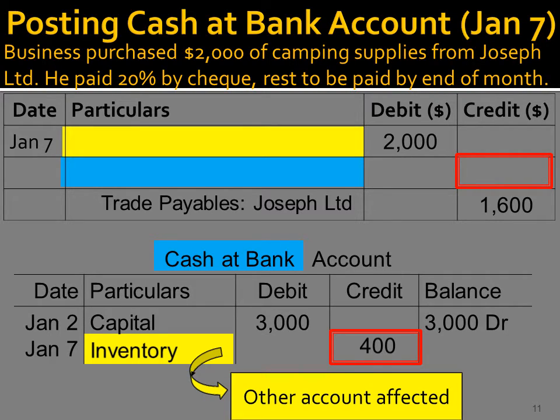Step 4 is to compute the running balance. If we have a balance of $3,000 debit previously, and we are now crediting $400, we would now have lesser debit balance in the account. We are done with posting the cash at bank account. Let's do our check. The first check is in the particulars column.